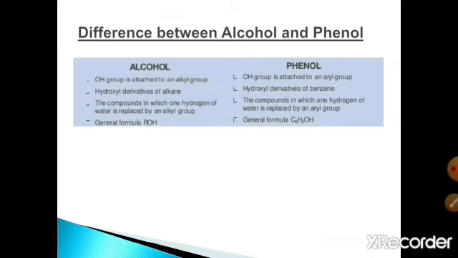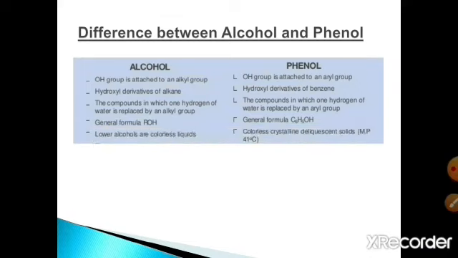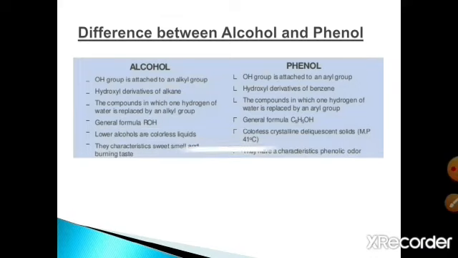When an aryl group is bonded to a hydroxyl group, then it is known as phenol. Lower alcohols are colorless liquids, but phenol is a colorless crystalline solid having a melting point of 41 degrees centigrade. Alcohol has a sweet smell and burning taste, but phenol has a phenolic odor.